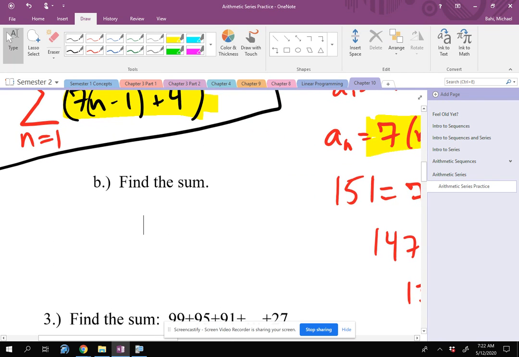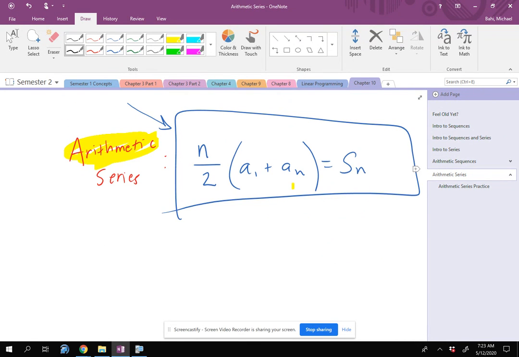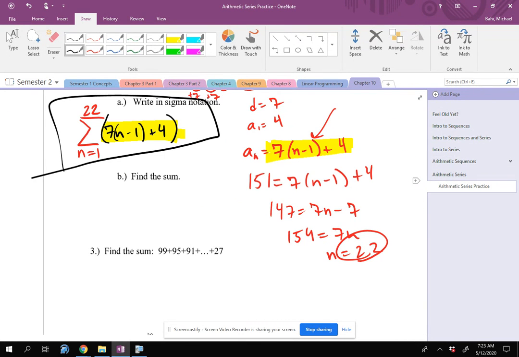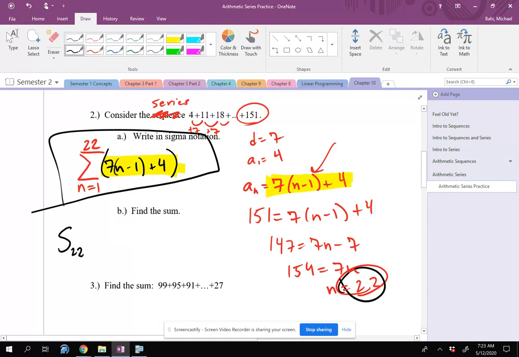So now for part B, you can either just plug this information into the calculator and get the answer, or because we know it's arithmetic, let's see if this is going to be easier for us. So we're finding the sum of the 22 numbers because we found out that there were 22 numbers in this pattern. And so 22 over 2.